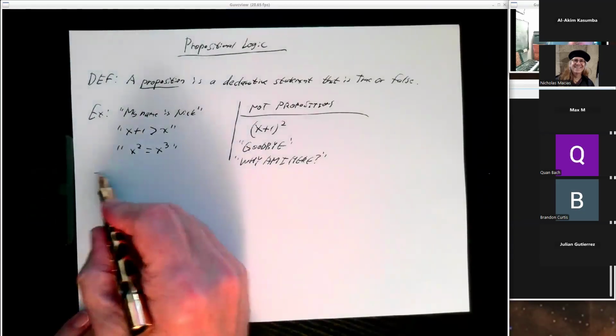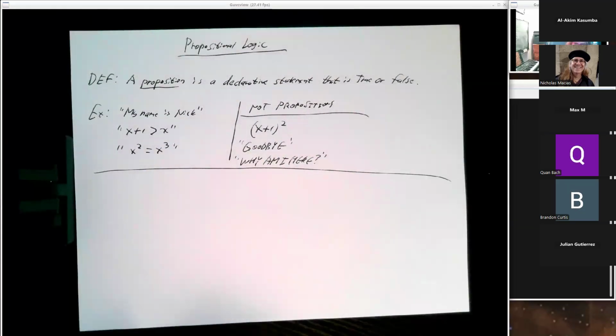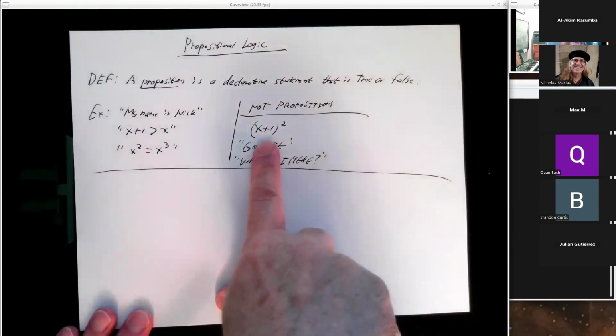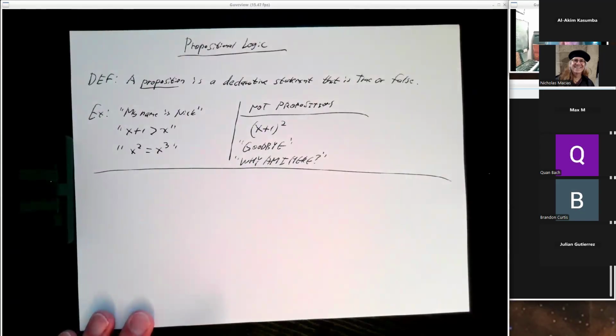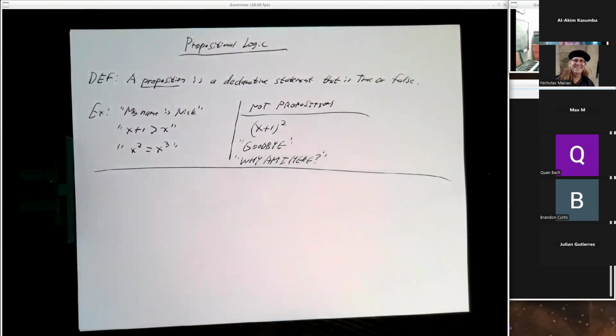And that's pretty easy to understand probably, but as we write proofs, every statement we write will be a proposition. Sometimes instead of writing propositions, we may find we start writing things like x plus 1 squared or x squared plus 2x plus 3. And we've got to remember that's not a proposition.